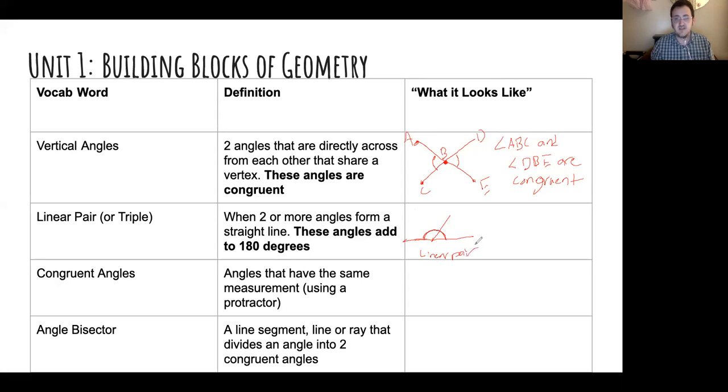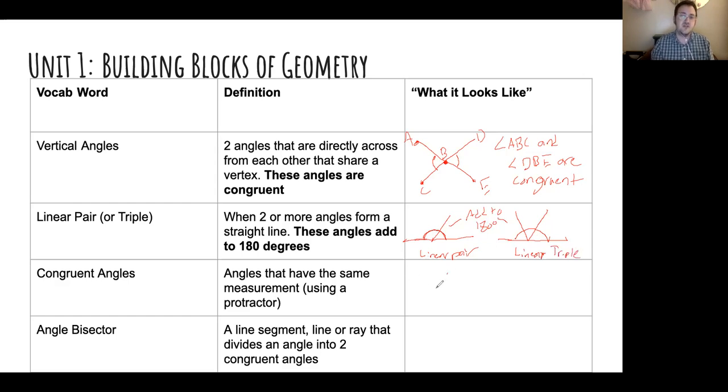And on some of the more difficult examples today, you may have a situation where there are actually three angles instead. These angles add to 180. Both of these examples do. Technically speaking, this is called a linear triple.